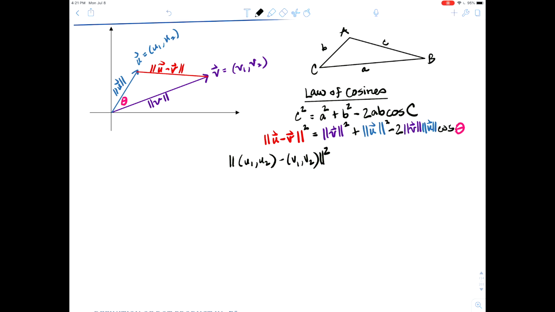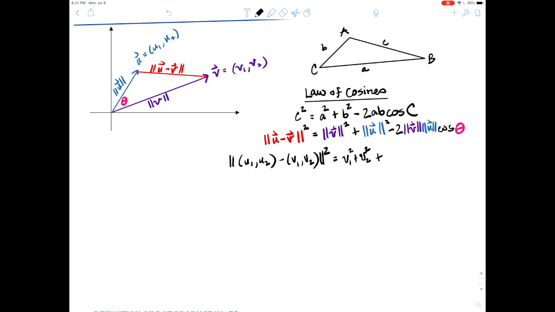That's squared. And then I'm going to keep, and then so here, the magnitude of V squared is going to be what? Good. The square root's going to go away, right? And so I'll just have V1 squared plus V2 squared.